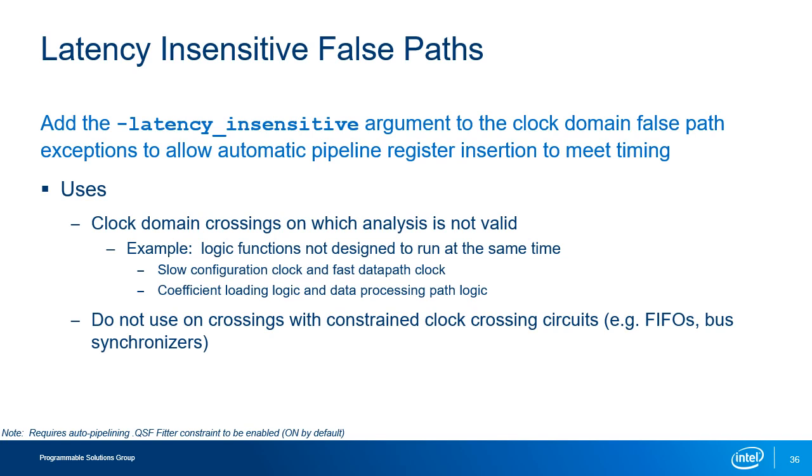This argument should not be used on clock crossings which use any sort of clock crossing circuits such as dual clock FIFOs that are constrained with their own timing constraints such as set max and min delay, set net delay, or set max skews. The false path constraint, with or without the latency insensitive argument, will override these constraints used by the circuits, which could break their functionality.